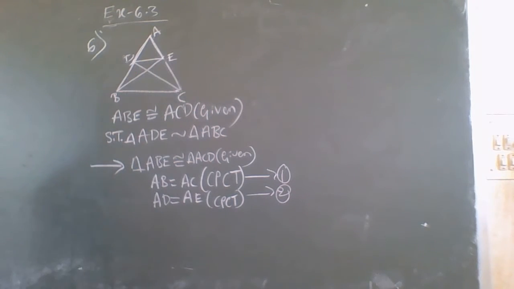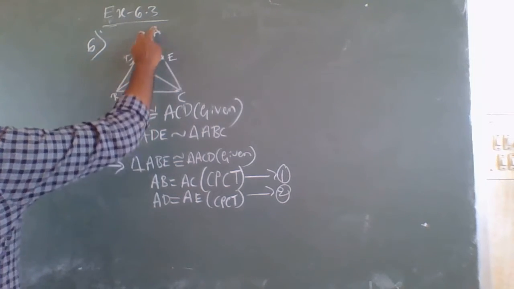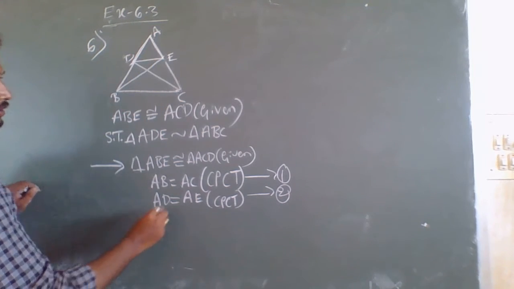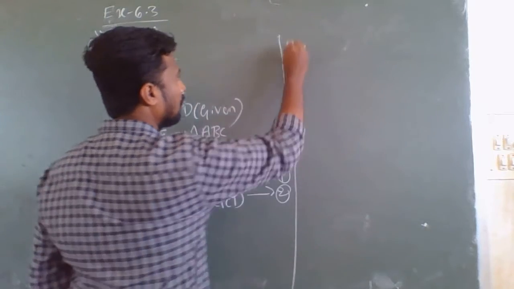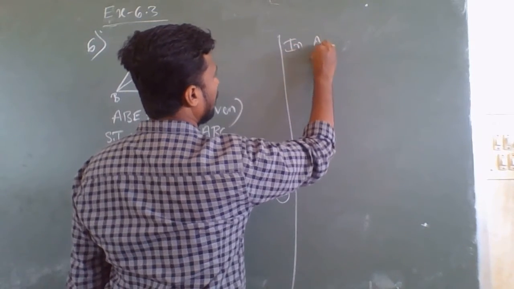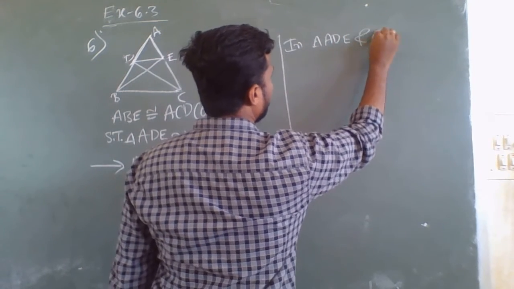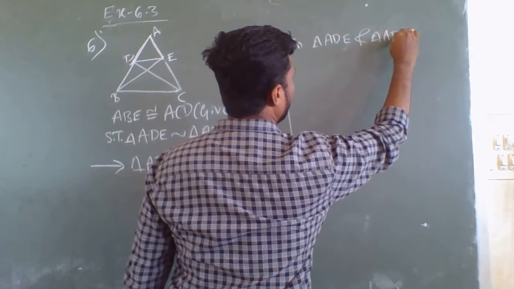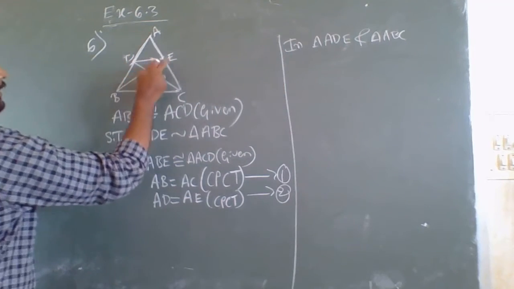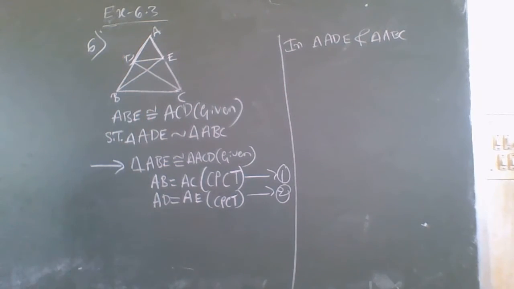So now I will consider triangle ADE and triangle ABC. Now I will divide equation 2 by equation 1.